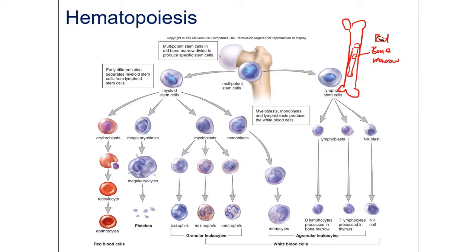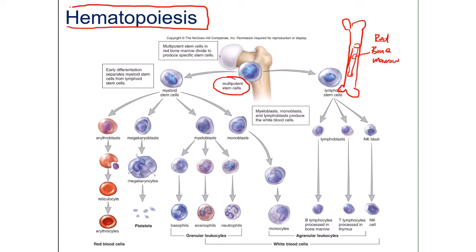So within the red bone marrow, you are going to have some multipotent stem cells. Stem cells are basically these cells that can become different cell types under the right stimulation, and you have some of those in your red bone marrow. The process of the stem cells becoming red cells, white cells, or platelets is called hematopoiesis.